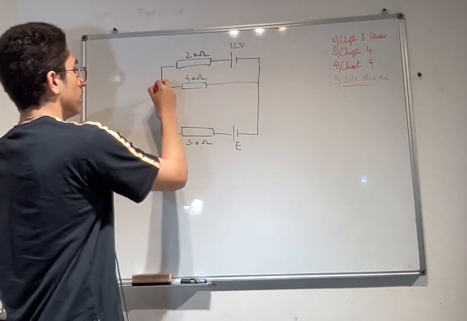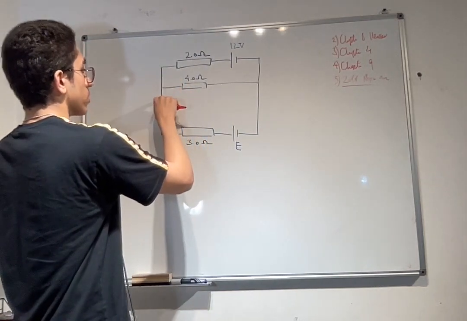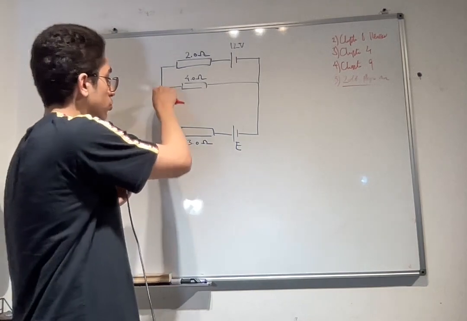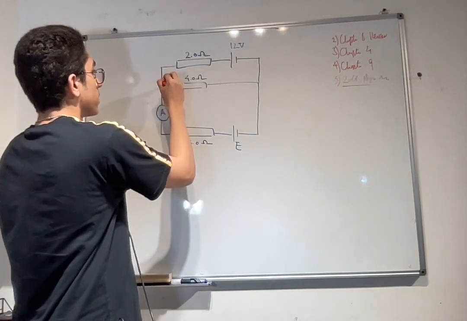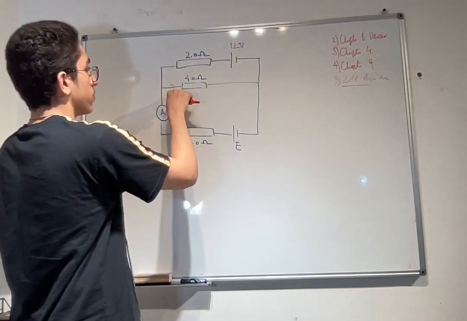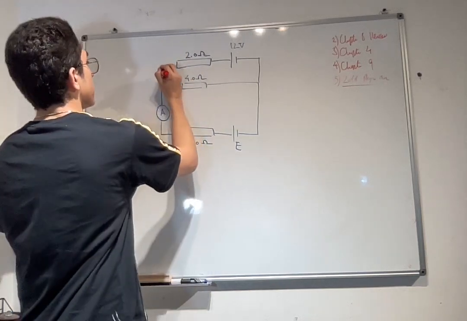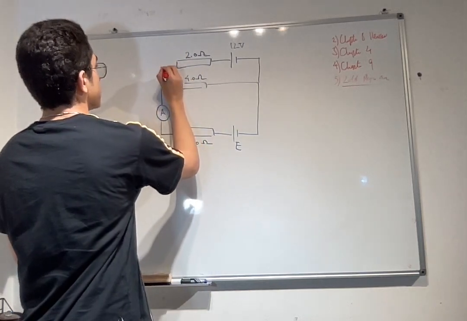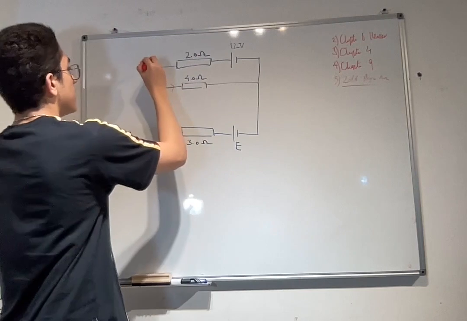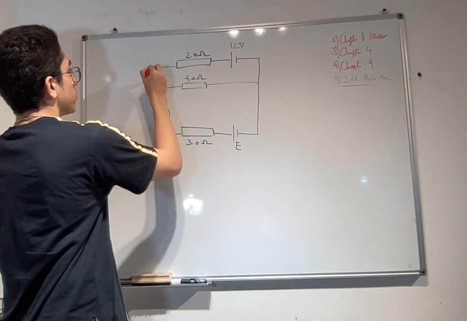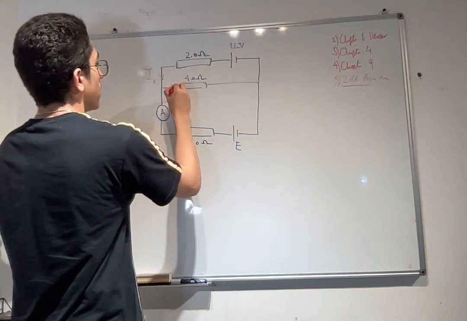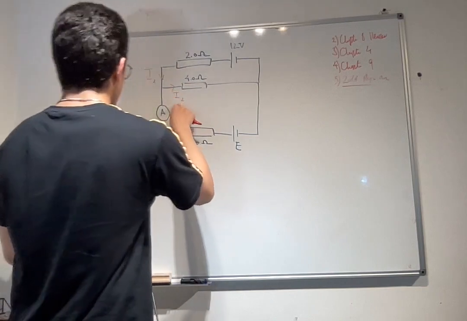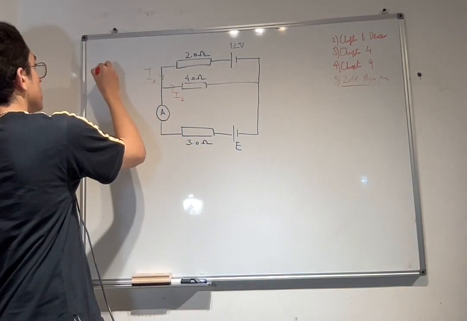The current going through here is 0 amps, so there's no current going through this branch. Therefore, there's only current going through this. So if we label this I1, and this I2, then I1 is equal to I2.